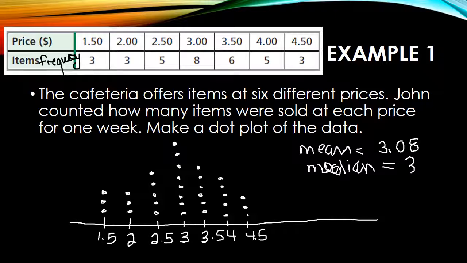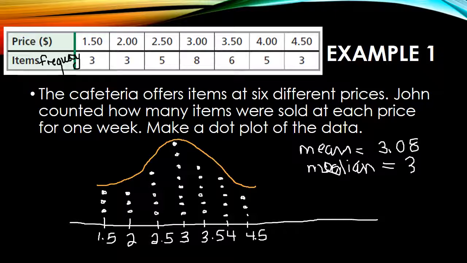Now, looking at this dot plot, we'll see that it is symmetrical, almost symmetrical from the middle. That means that the left side is almost identical to the right side. And in this case, since it's symmetrical on both sides, we call this graph a symmetrical distribution.